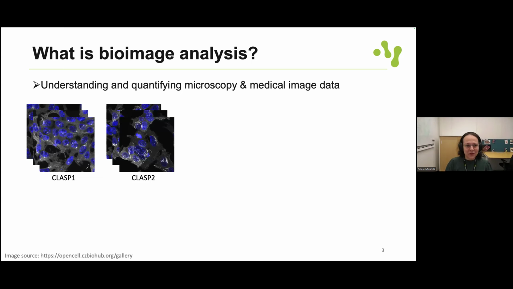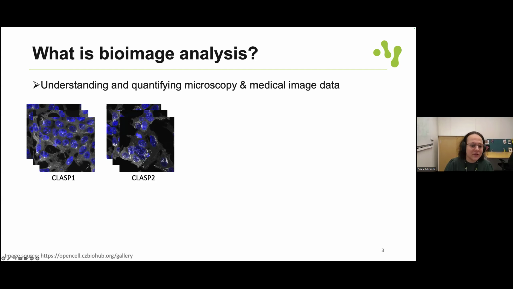But of course, when we're talking about bioimage analysis, we want to understand and quantify microscopy. I included here microscopy images, but we can include medical image data as well. But typically we have here an example of fluorescent images from the Human Protein Atlas.